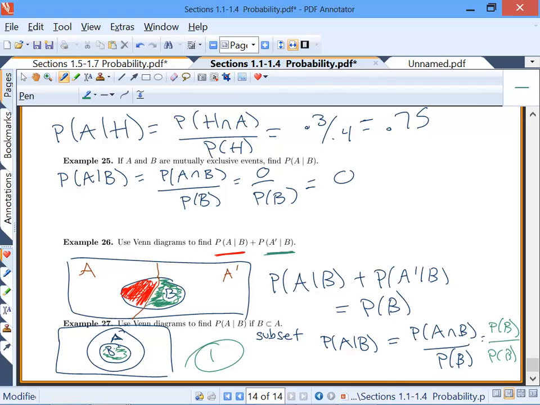That's probability of B given B, is that what that is? No, this is just the probability of B, just straight up the original probability of B. Okay, gotcha. Other questions?